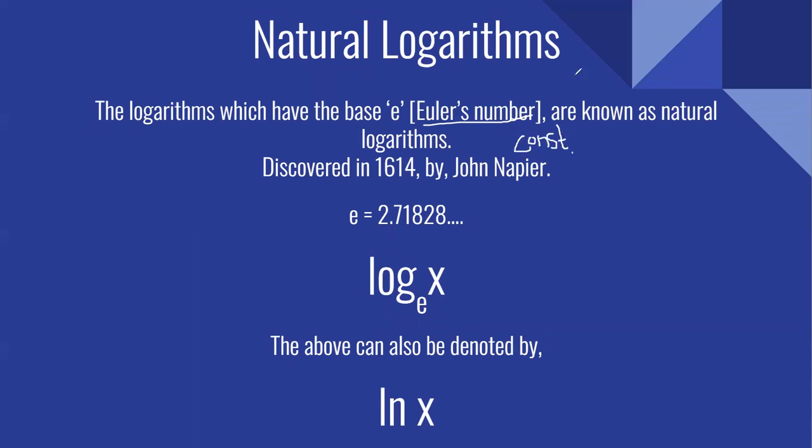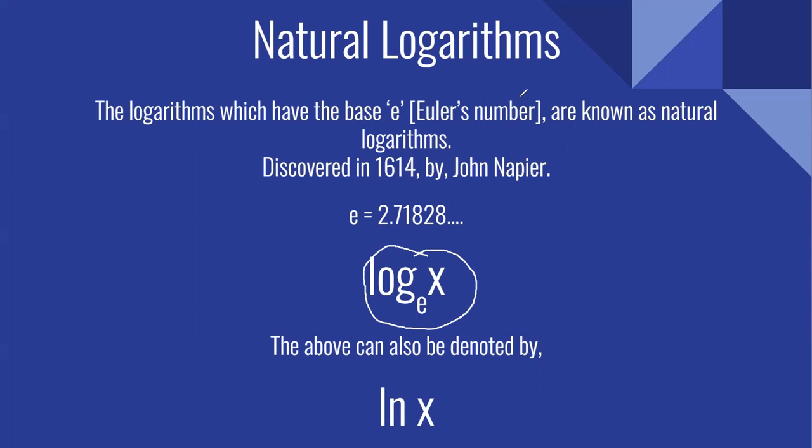Okay, so please make a note of that. So this is the natural logarithm where the base is e, which is equal to 2.71828 and it goes on forever. This type of logarithm is used more in physics and chemistry.